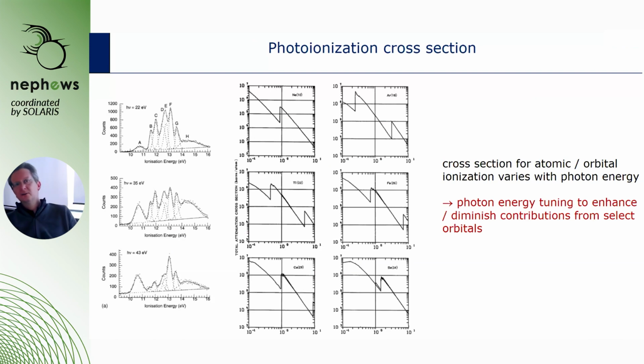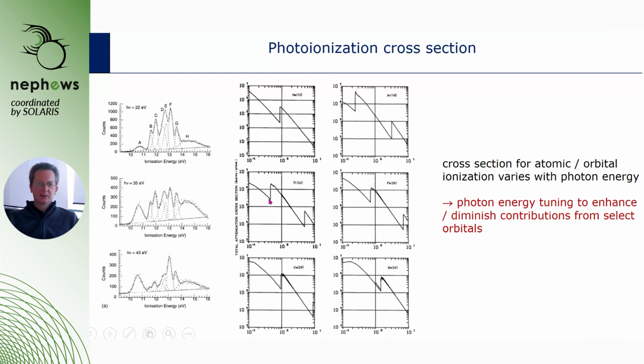The other one is, of course, the photoionization cross-section. And the previous speaker has already pointed out that the total absorption of photons of a given element follows about this behavior: the higher the photon energy, the lower the photon absorption cross-section, but we have sudden jumps at a certain absorption edge.